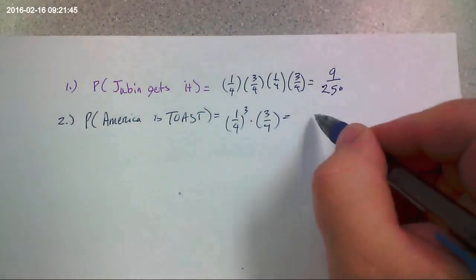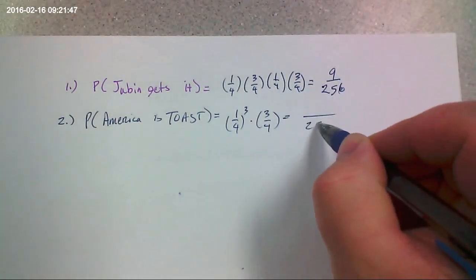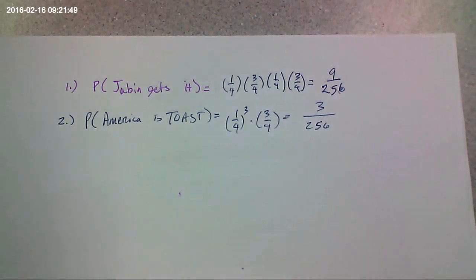So I think the denominator is still 256. Okay, are we good? Are you sure? No questions. 100% sure. Okay, let me see if I agree. Oh, I think I agree. Alright, I agree. Okay, next one.